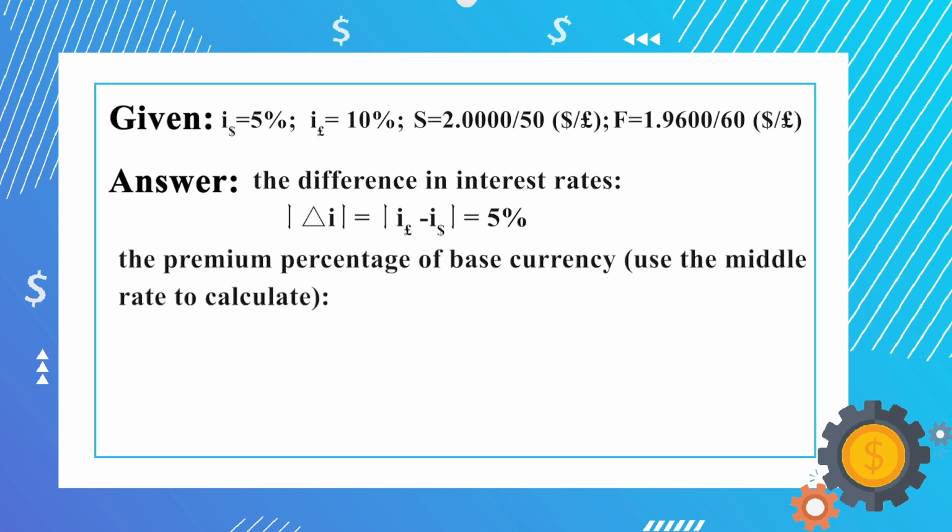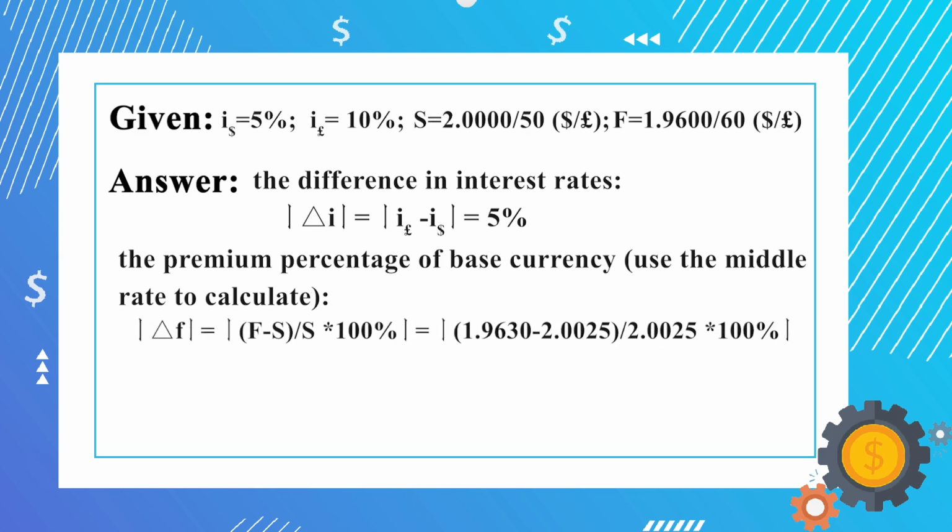Next, the premium percentage of the base currency. We use the middle rate to do the calculation. The absolute of delta F equals the absolute of F minus S over S, multiplied by 100%, equals the absolute of 1.9630 minus 2.0025 over 2.0025, multiplied by 100%, equal to 1.97%.